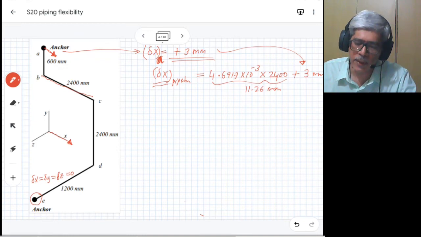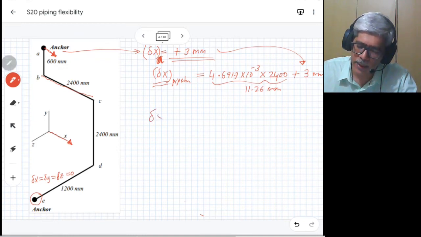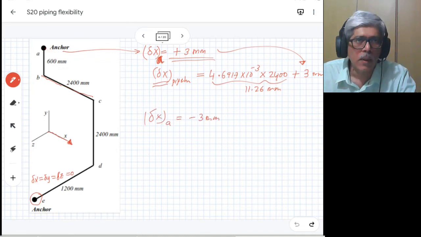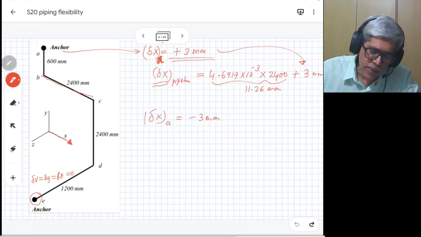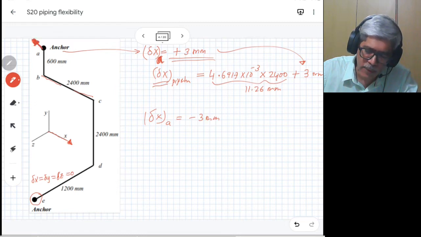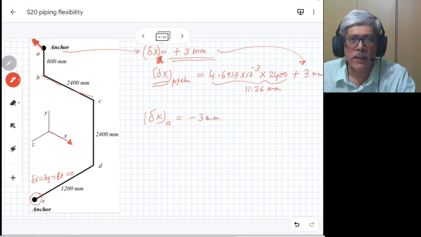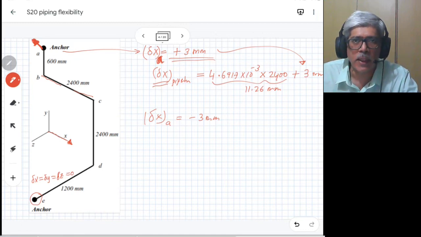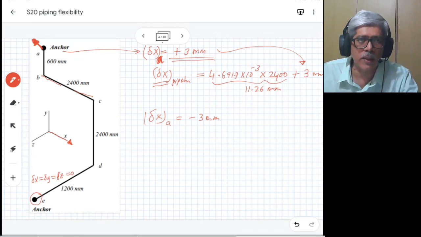And in the reverse case, where delta x at point A is minus 3 mm, that is, the displacement is in the opposite direction, so instead of towards point E, the displacement is away from point E. In this case, the pipeline is trying to expand by 11.26 millimeter, and the displacement of point A away from point E is going to help your system.